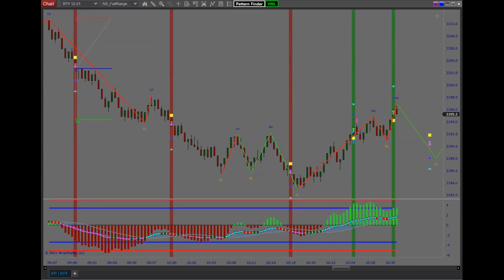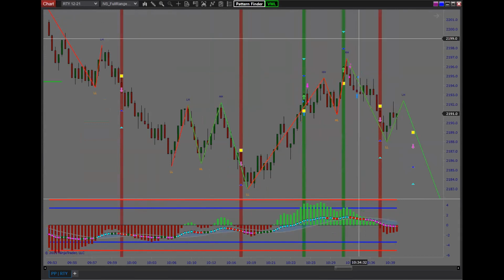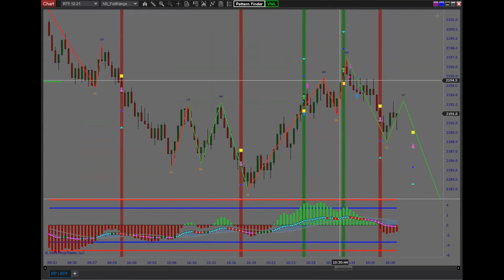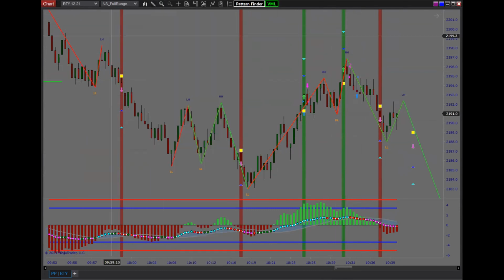Could it work? Yeah, it could. It doesn't in this case, but I think this one would be safe enough to take. Yes, it's a loss. The thing that you've got to be mindful of here too is you've got divergence there.